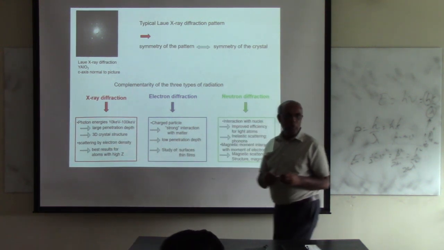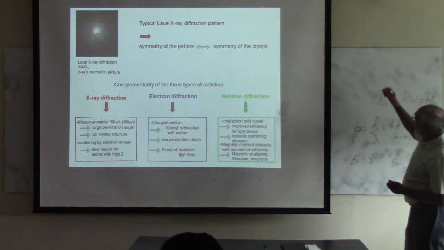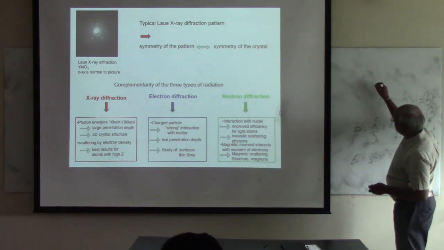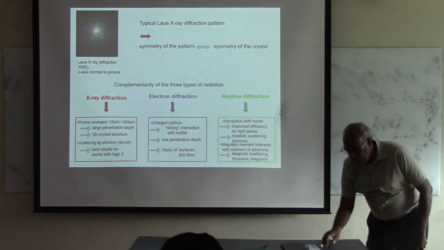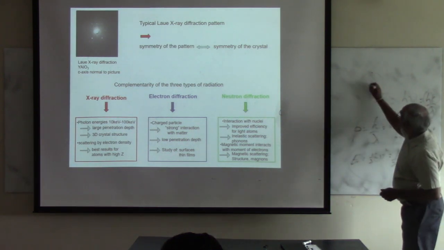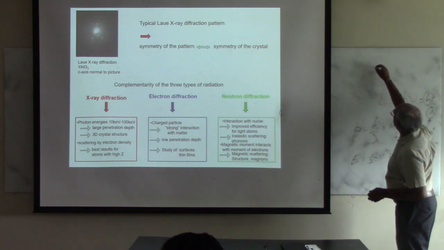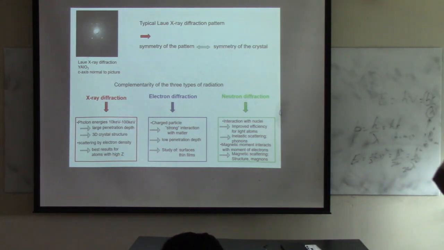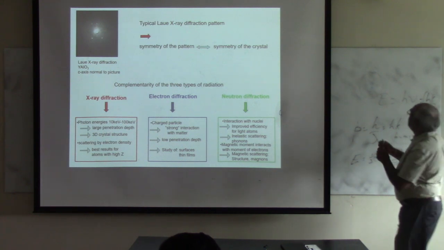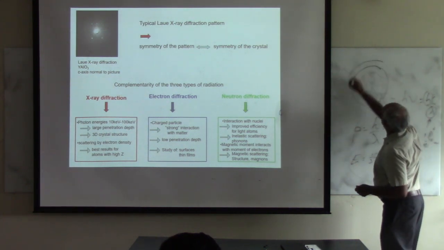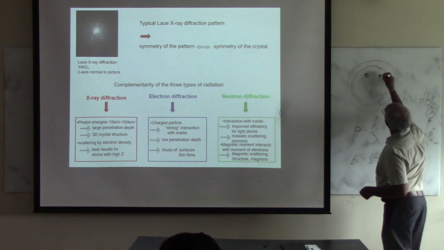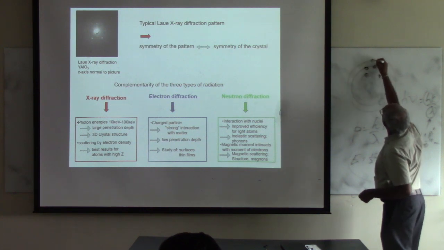Typically, scattering happens like this: if you have an atom, you have neutrons in the nucleus, then you have core electrons and valence electrons.